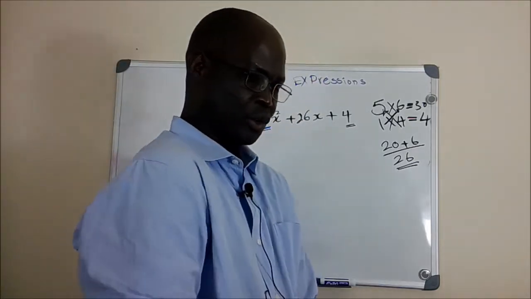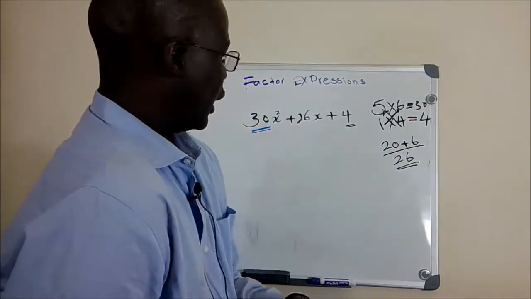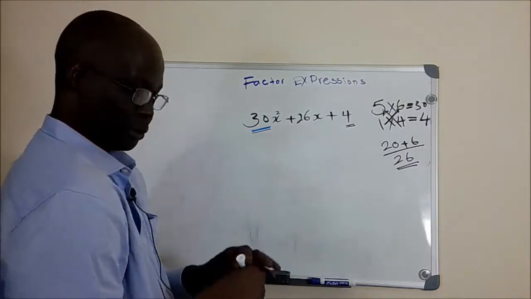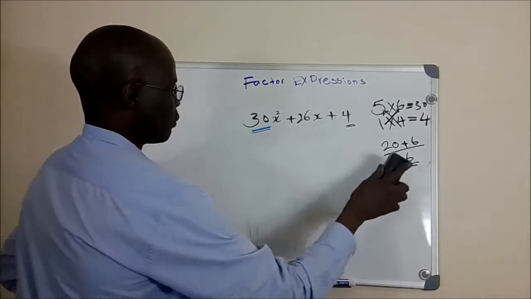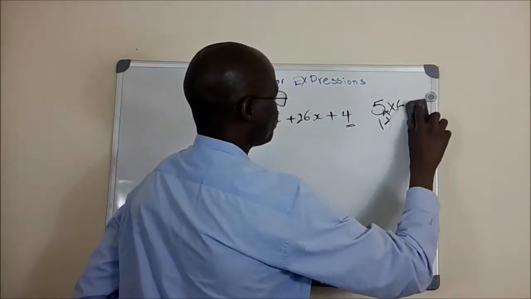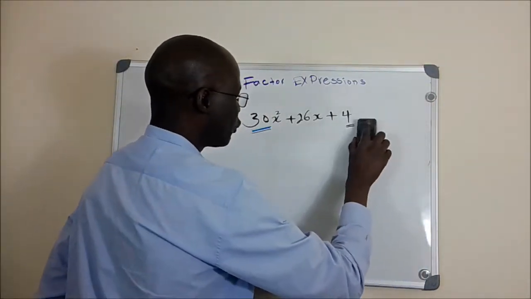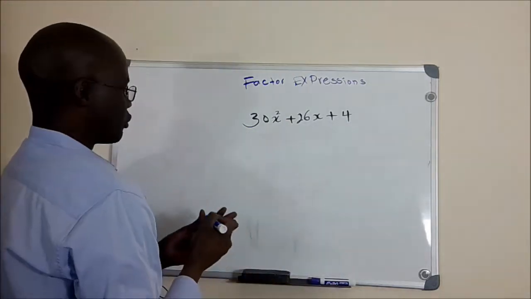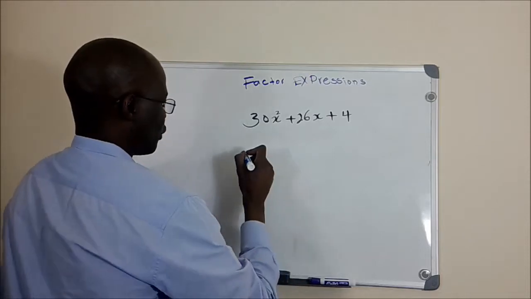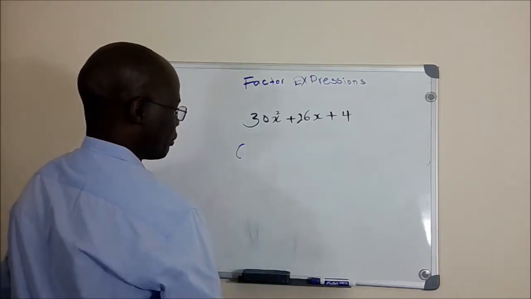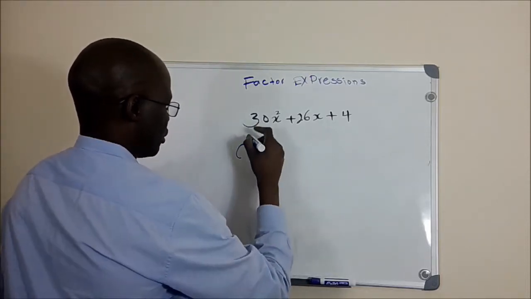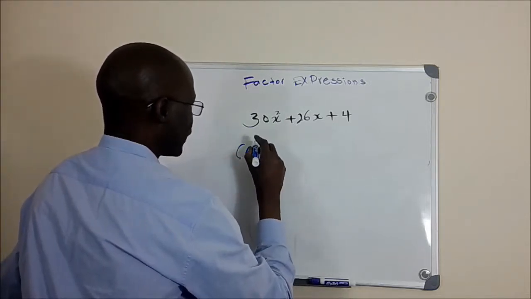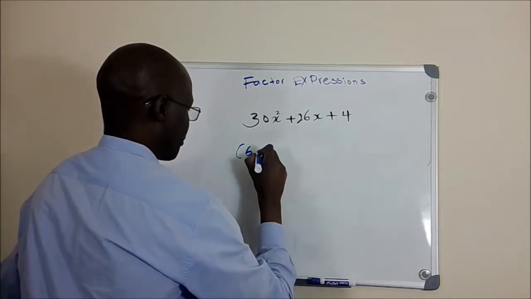So which one should it be? In this case, we don't have a negative, so all of them should be positive when we put it together. How are you going to put it? There are two different ways you can solve this, but the easy way is what I'm showing you. So it should be 6x, and I'm going to show you why it should be 6, not the 5.